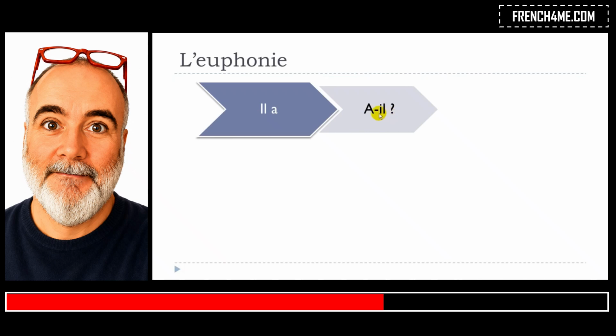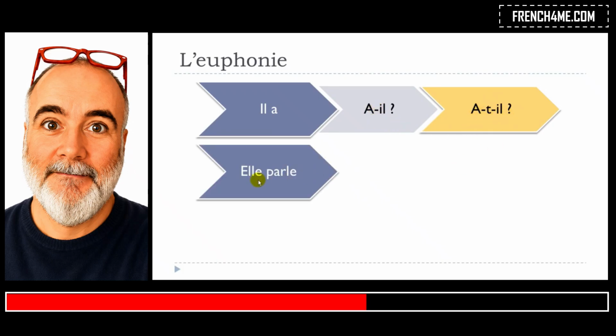But then il looks a bit strange, it sounds a bit strange, and that's the reason why we will have to modify it, and we will add this T here. Okay, so you will get this form a-t-il. Alright, so il a should become a-il, but then it doesn't sound nice, so it's a-t-il.